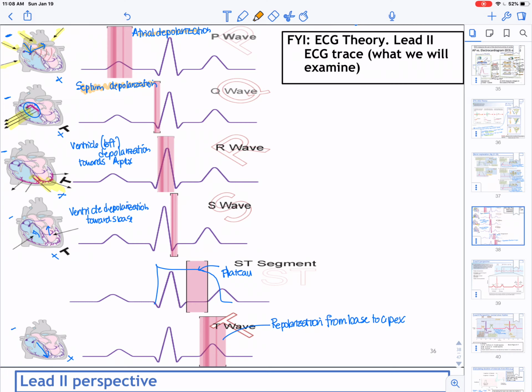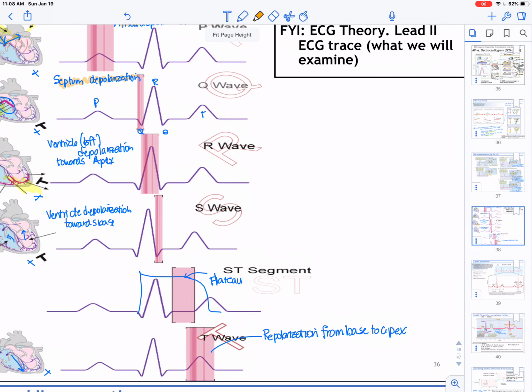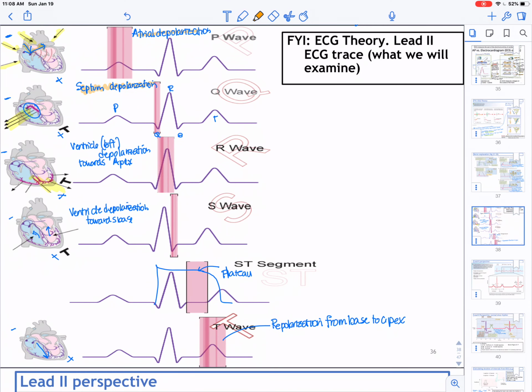Oh, excuse me, for the Q wave. So here, let me do P, Q, R, S, T. Septal depolarization goes from the left to the right side as its major vector, and so that looks like a downward deflection.